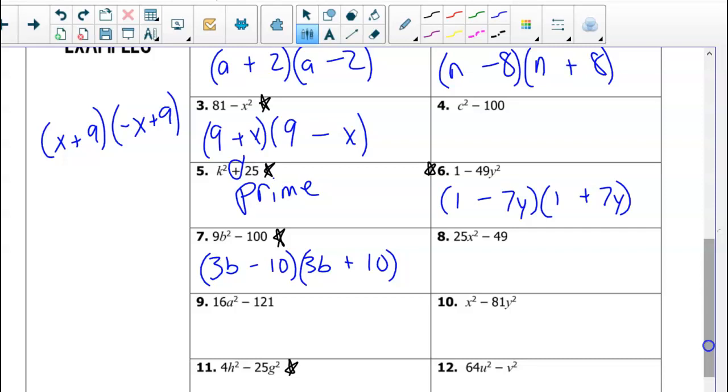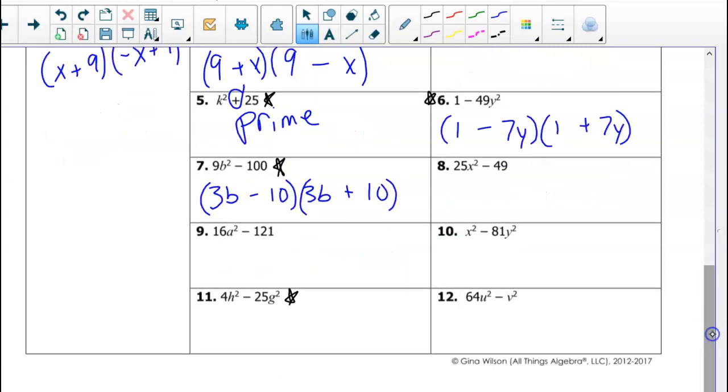Once you get the hang of this, it's really looking for: is it a square root? Does it have a square root or not? We'll do one more on this page and then jump to the next one. For number 11, I can take the square root of 4, I can take the square root of h squared and g squared and 25, and I'm subtracting. I'll just have more variables than I had before, which is fine.